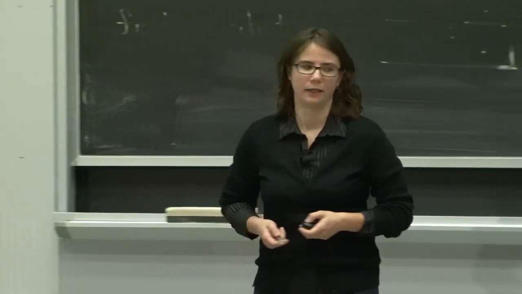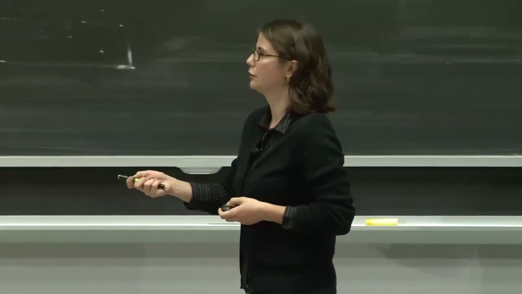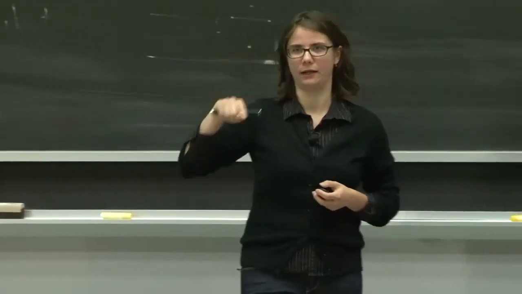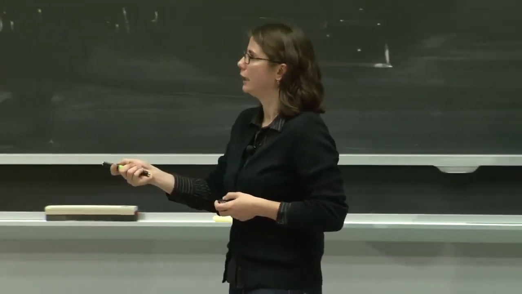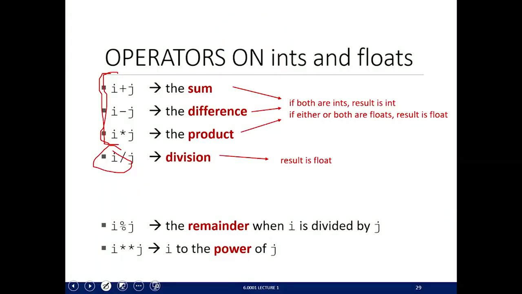The other operations you can do, and these are also useful, are the remainder, so the percent sign. If you use the percent sign between two operands, that's going to give you the remainder when you divide i by j. And raising something to the power of something else is using the star star operator.